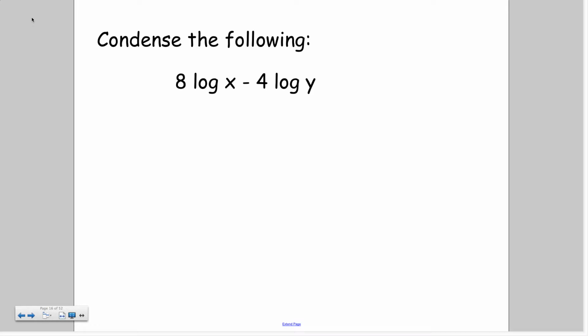So let's look at this first one. The first thing you need to remember is the word condense means to make smaller. All right, so we have a number in front. So let's make a note right here that says a number in front.